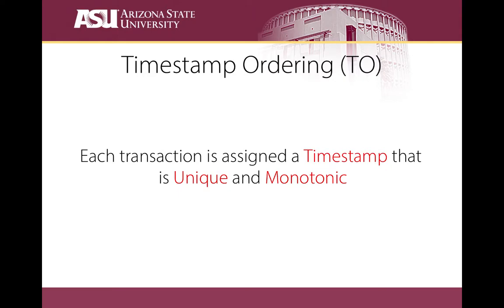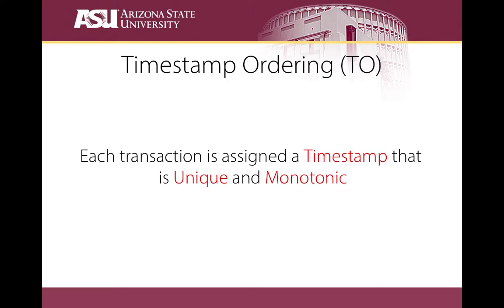The assumption is that this timestamp is unique per transaction and per operation, and monotonic. What do I mean by monotonic? It increases monotonically over time. So it's unique and monotonically increasing.